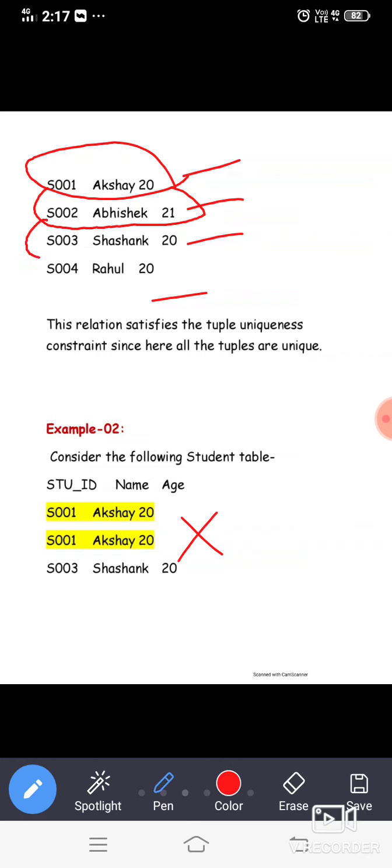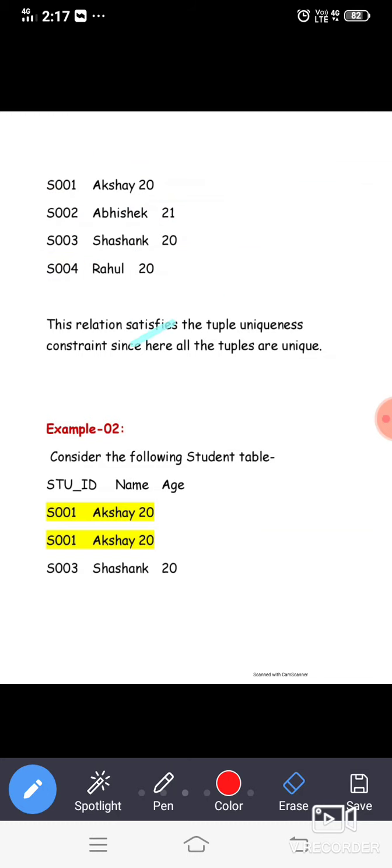The third record also has different values, S003 Shashank 20. The fourth record is also different. So unique is nothing but different. Every tuple should be different from the remaining tuples. That is the rule of the tuple uniqueness constraint.